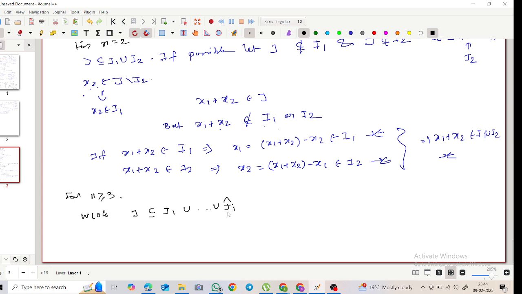This hat means absent: anywhere you see the symbol hat, the element below it is not present in the expression. So J is contained in the whole union, but no smaller union can contain J. The smallest union.